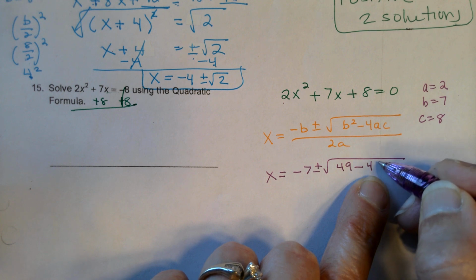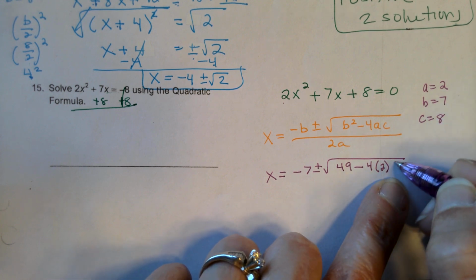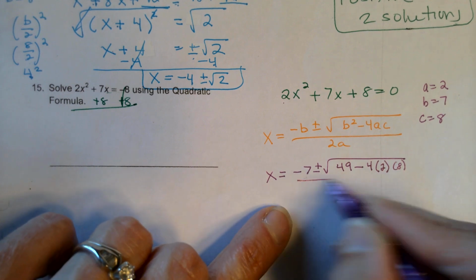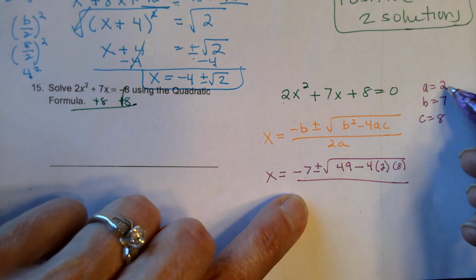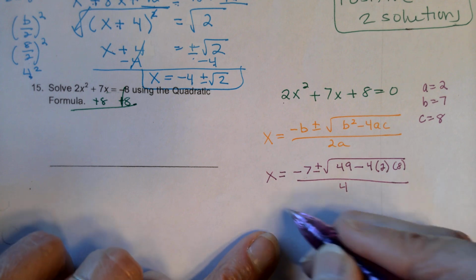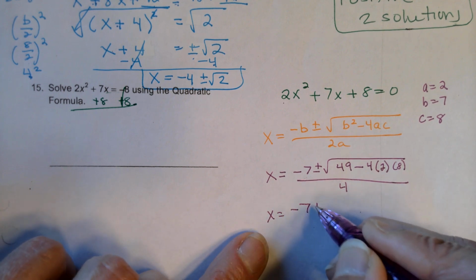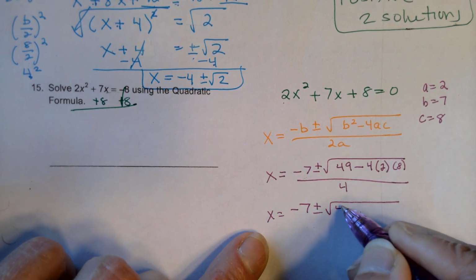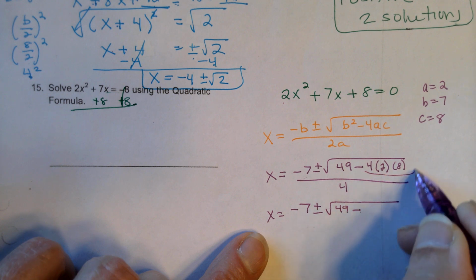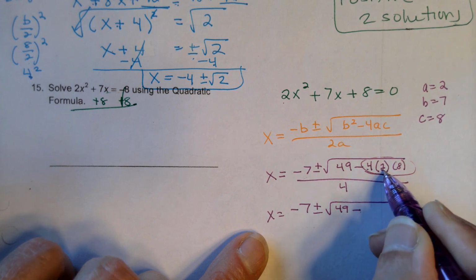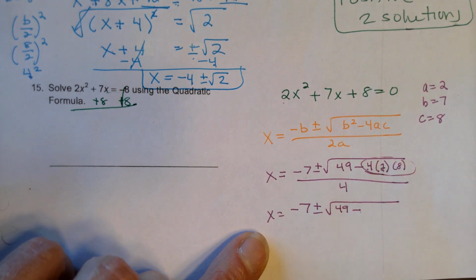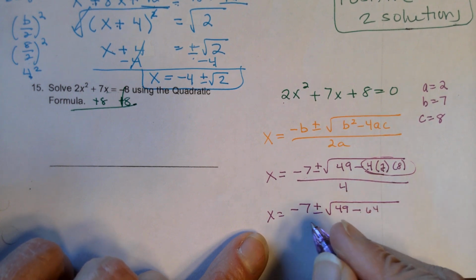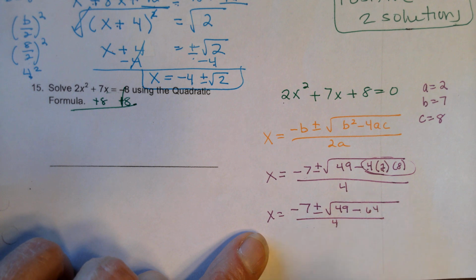So 4 times a times c. All over 2 times a. So x equals opposite of 7 plus or minus 49 minus. You have to do all these together. So I have 4 times 2 is 8. Times 8 is 64. All over 4.